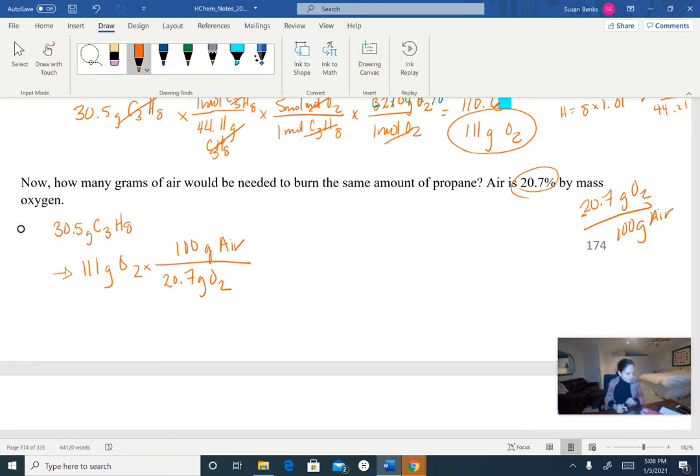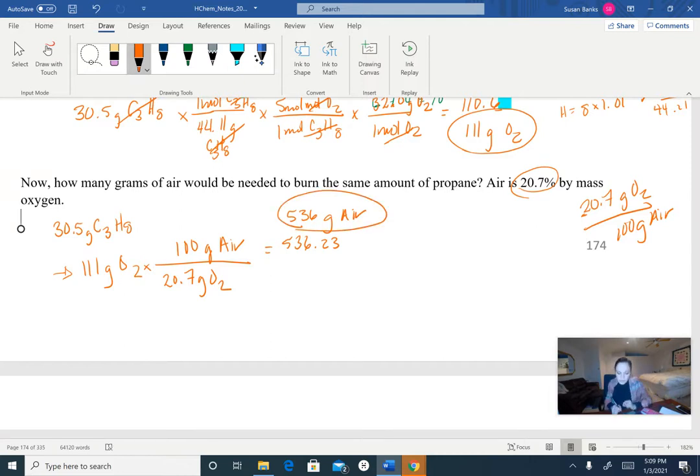Okay, now, if I use the 111 divided by 20.7 multiplied by 100, I will get 536.23. So the 3 sig figs, I will get 536 grams of air that I need.